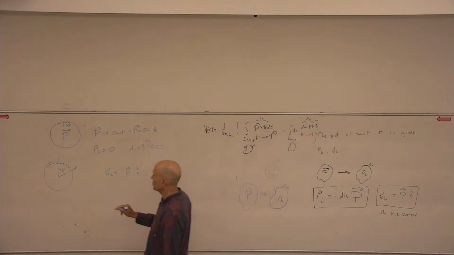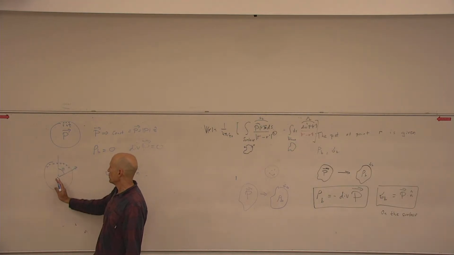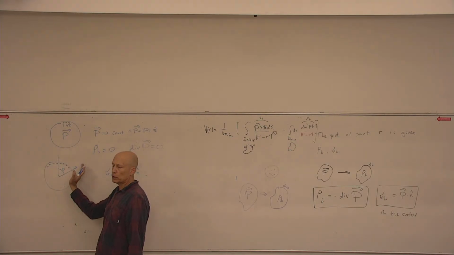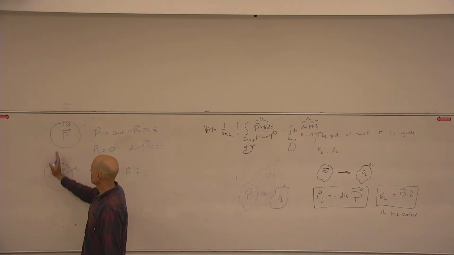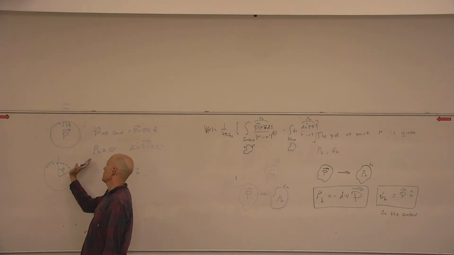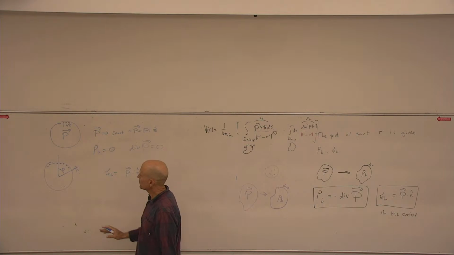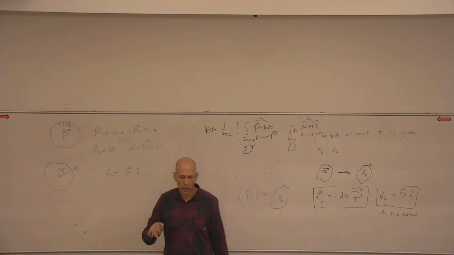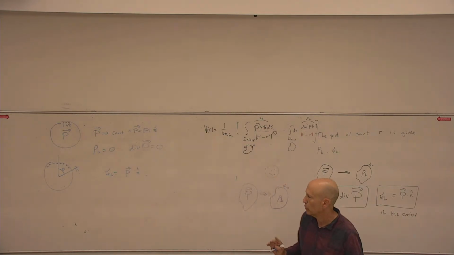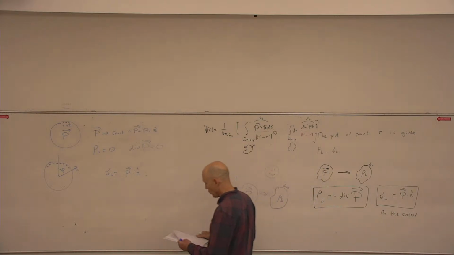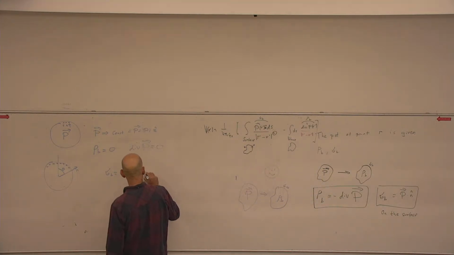I even thought I don't need to say this, but this is the Z direction, and this is the N direction. The polarization is in this direction, the N is in the R direction, and this is by definition the cosine theta from the usual angular thing.